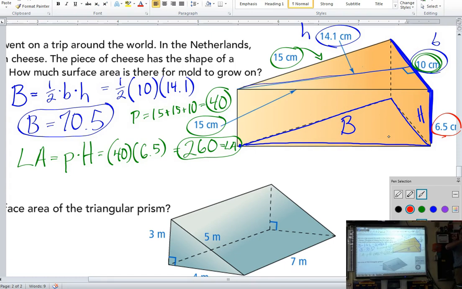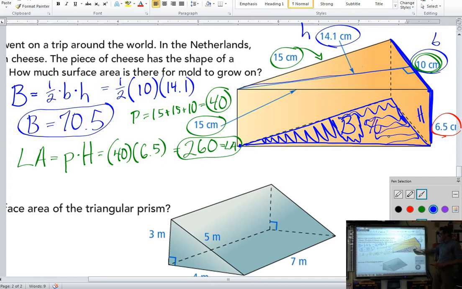Why are those letters capital? Because it's big. Big B is area of base. So this 70.5 relates to this space.